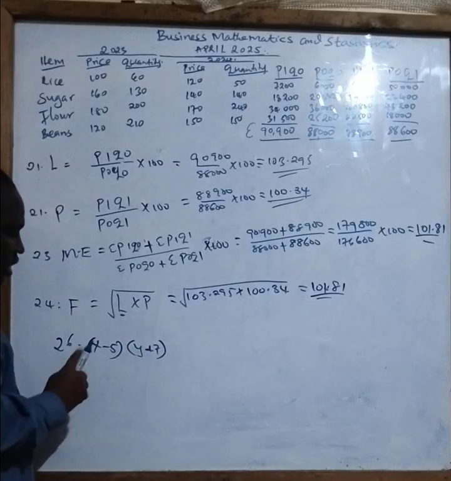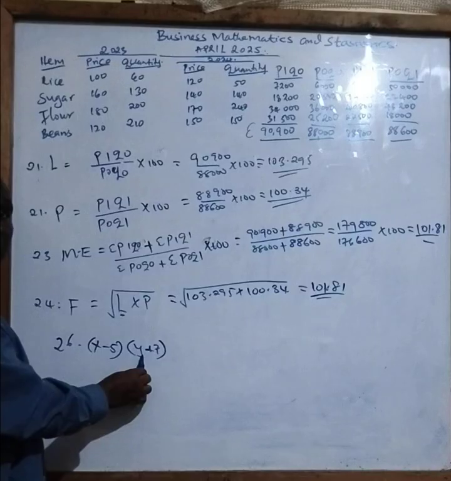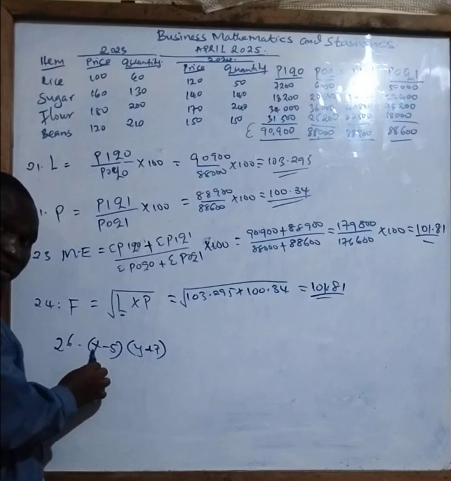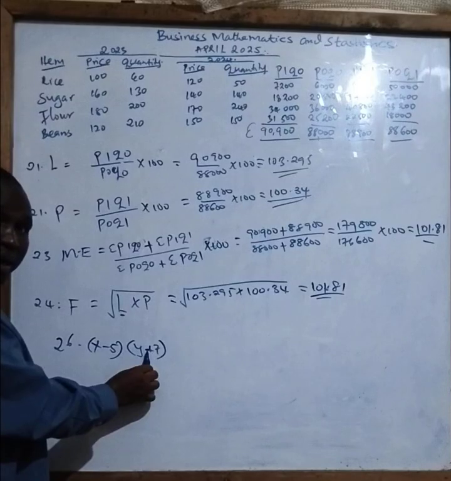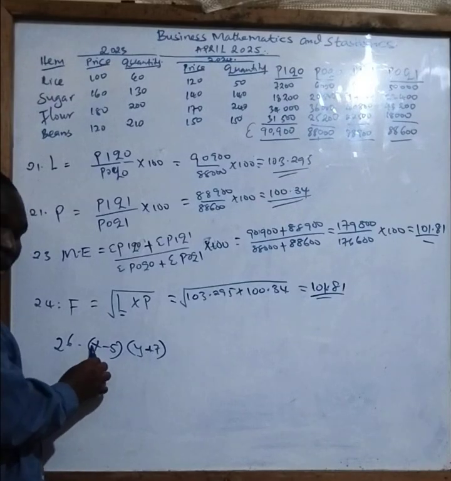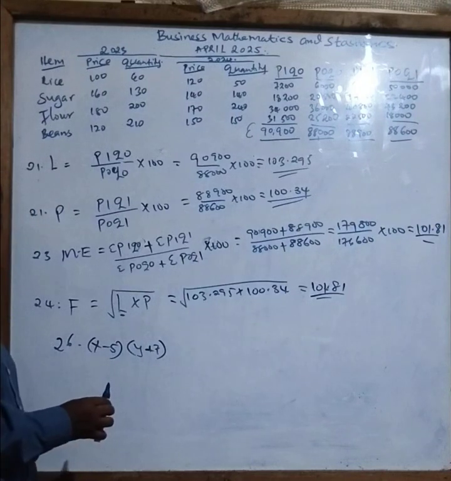To expand this one, you take the first element, multiply by the elements in the second brackets. After that, you go to the second element in the first bracket, multiply by all elements in the second bracket.